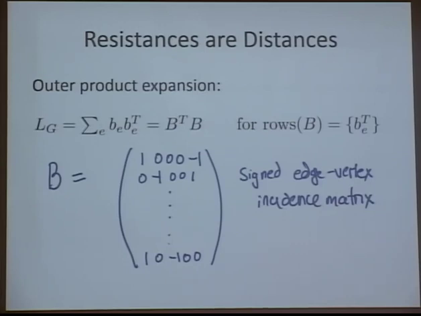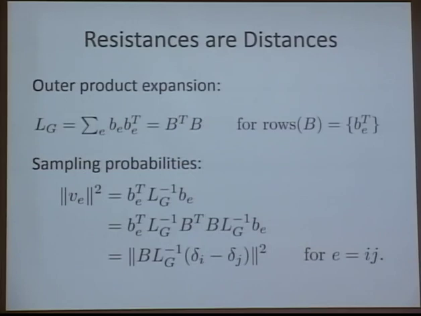And now the main observation is that these sampling probabilities, these effective resistances, are actually pairwise distances squared between a certain embedding of the vertices of the graph. Okay? So the norm of B L_G inverse delta_e squared is this quadratic form in L_G inverse. But now I know B transpose B is equal to L_G, so I just throw an extra one in there.